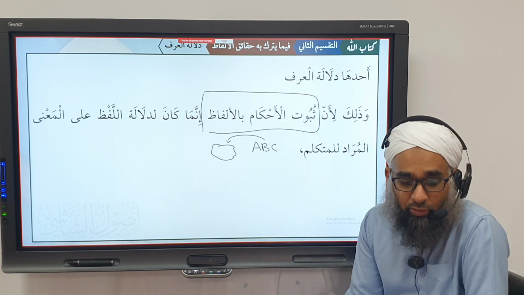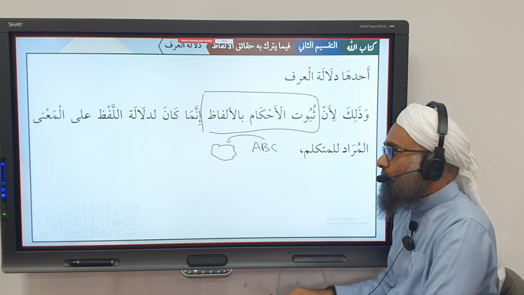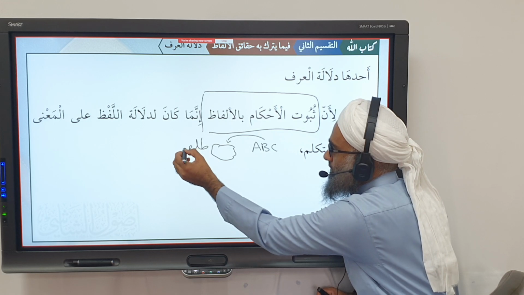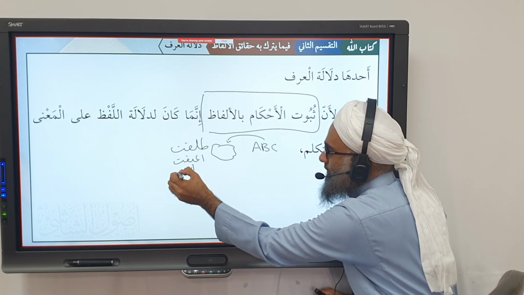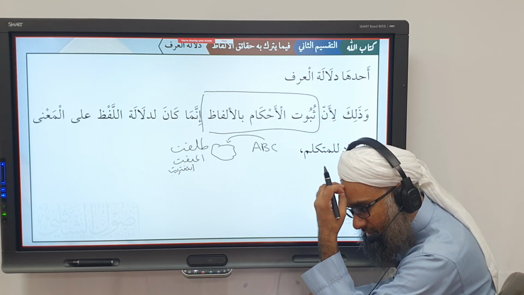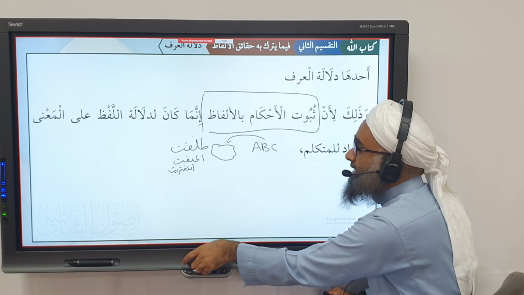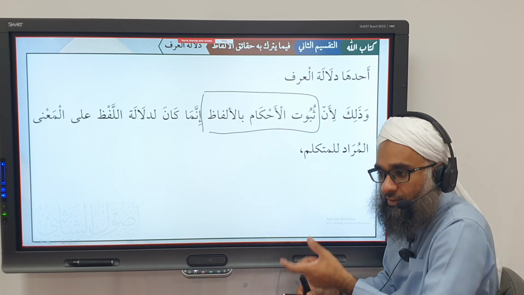That's why you can deduce ahkam from words. Are you following? Like the word, for example, طلقت, أعتقت, اشتريت. All of these words denote what the mutakallim has in his mind. فهمت? What is his intended meaning? Because of this, you can deduce a ruling.